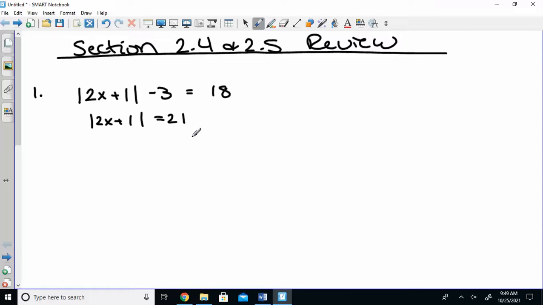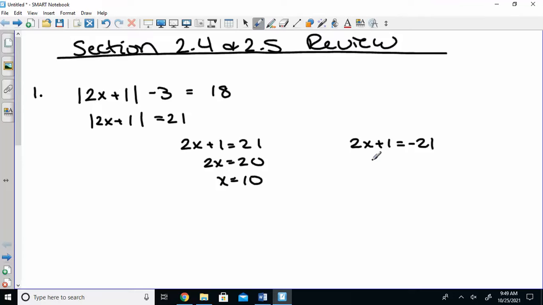Two equations. You set it equal to a positive 21 and a negative 21. So then we just solve each of those. So if we subtract our 1, divide by 2, we get positive 10 and negative 8.